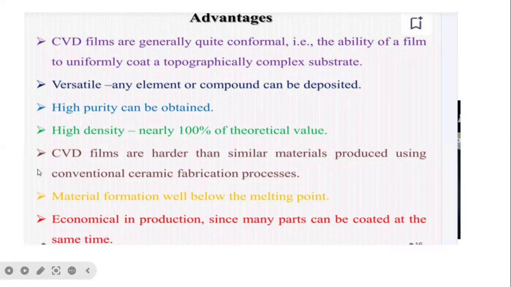CVD films are harder than similar materials produced using the conventional ceramic fabrication process. Material formation well below the melting point. Economical in production since many parts can be coated at the same time.